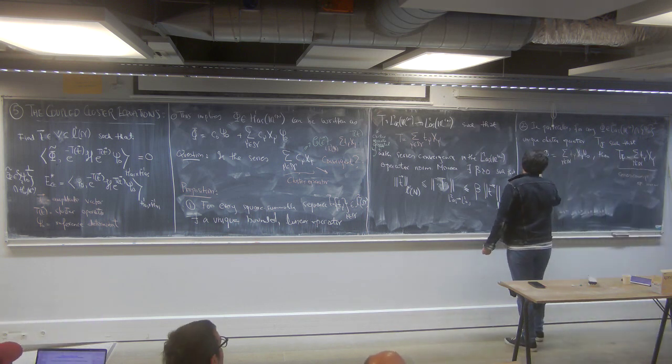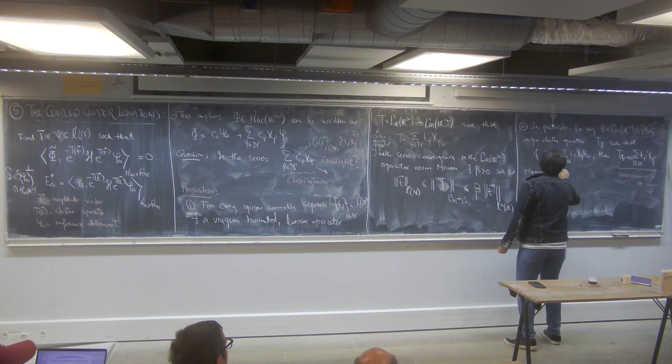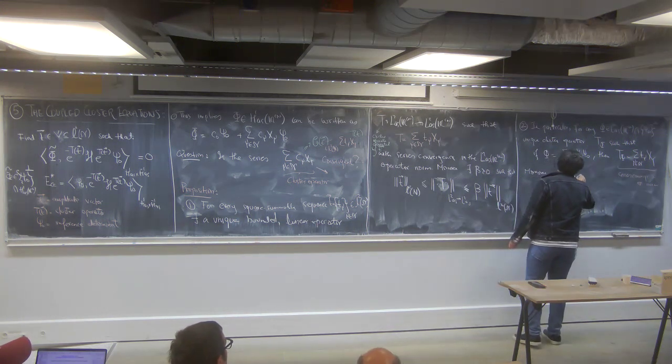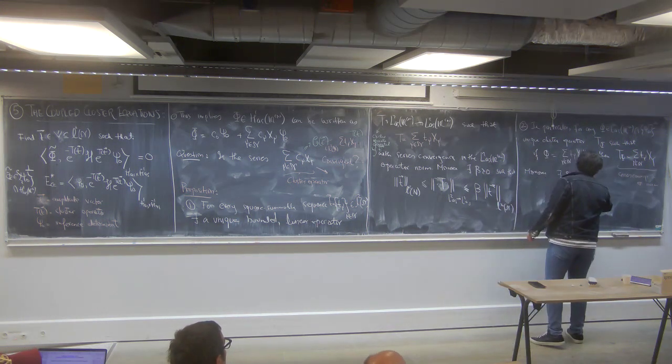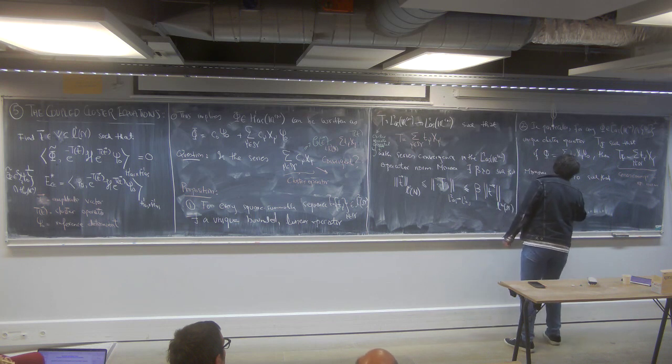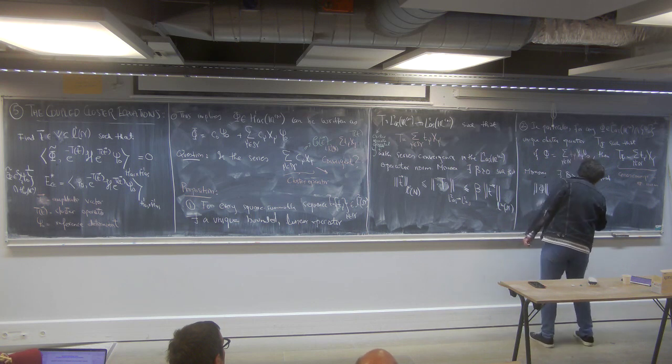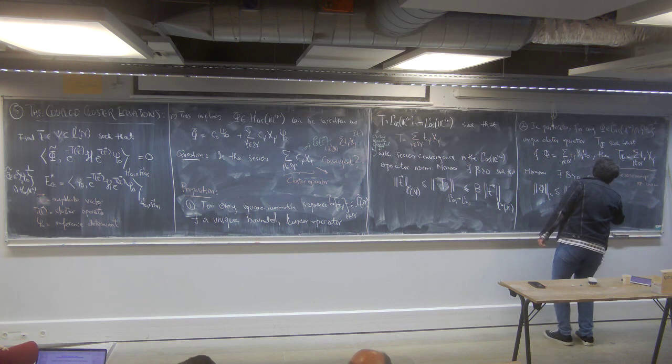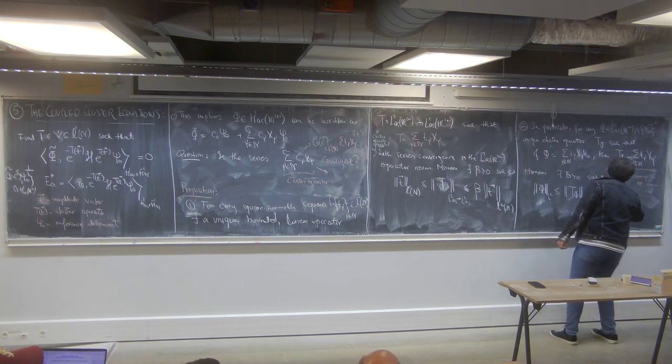And there exists a constant beta greater than 0 such that the L2 norm of phi is less than the operator norm of T of phi, which is less than beta times the L2 norm of phi.